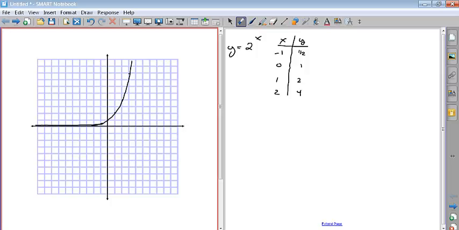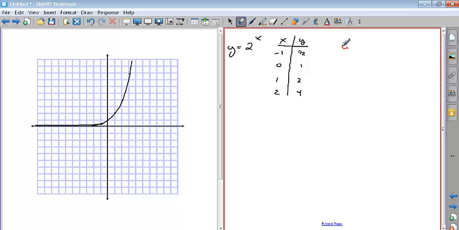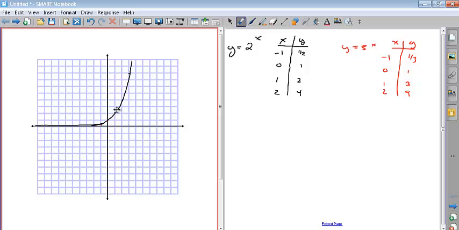So if I had y equals 3 to the x, then I could do a table like this as well. And I'd have -1, 0, 1, and 2. And here you'd have 1/3, 1, 3, 9. So this would be below this curve: 1/3, still goes through 1, x equals 1, y equals 3, x equals 2, y equals 9.